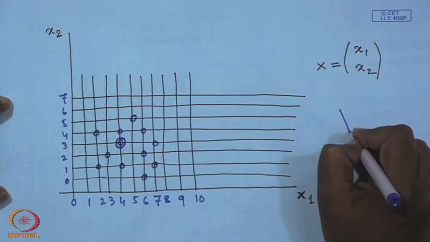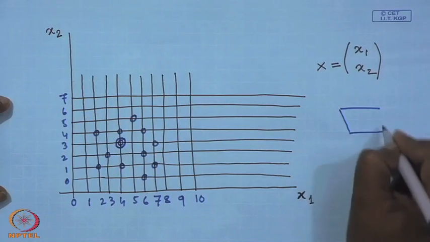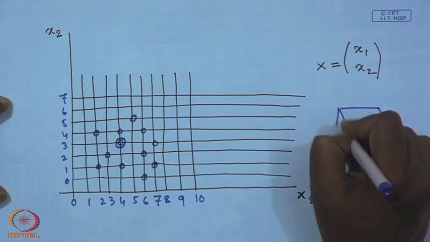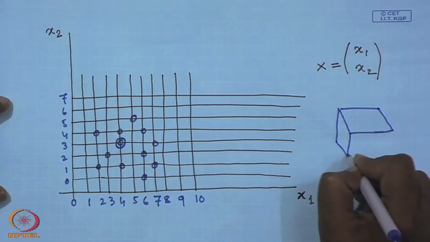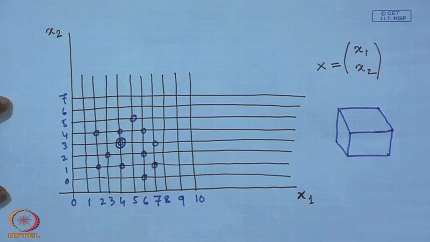Here I will use a kernel based technique or window based technique. So, let us assume that we use rectangular windows, obviously because this is in two dimensional case. So, this rectangular window will actually be a box. So, it will be something like this. And this box will have certain volume under the probability density surface.